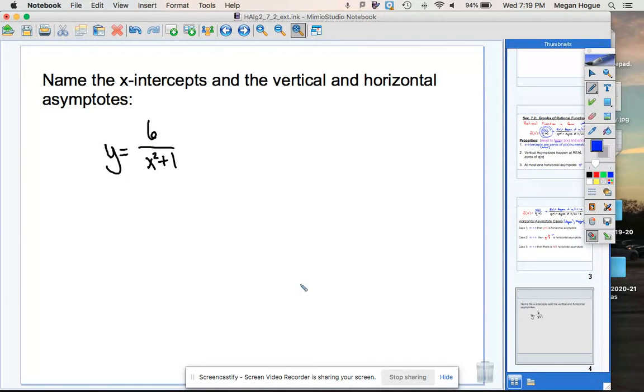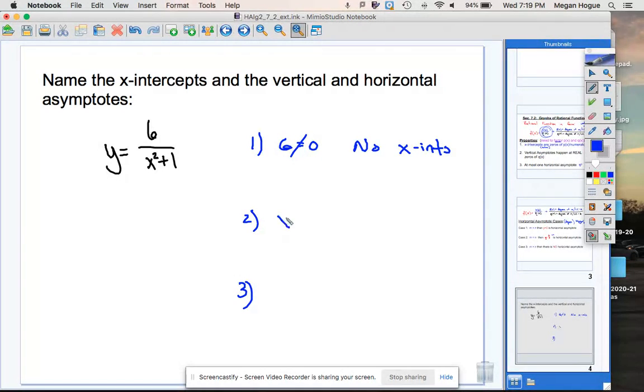All right, here's the first one. y equals 6 over x squared plus 1. For the x-intercepts, we take the top and set it equal to 0. Well, 6 equals 0 doesn't make sense, so there are no x-intercepts.